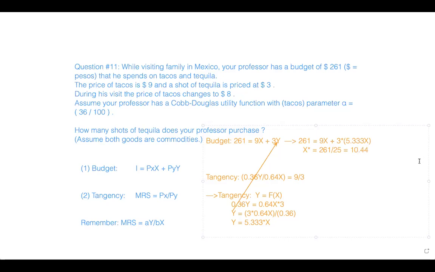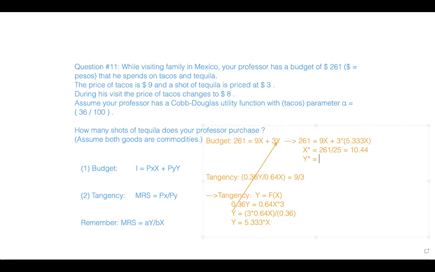Now, I'll show you all. Then immediately from there, we can find our y star, which is the amount of tequila that we're looking for.